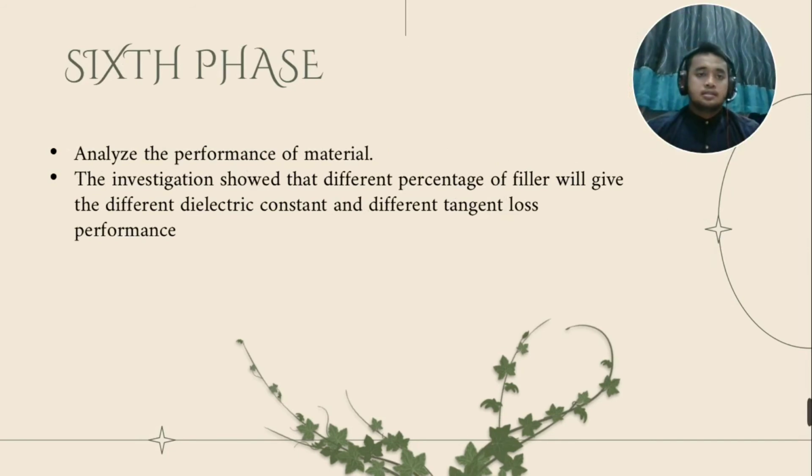Then the sixth phase. This is the last phase for the methodology of the FYP. We analyze the performance of the material. The investigation shows that different percentages of filler will give different dielectric constant and different tangent loss performance.